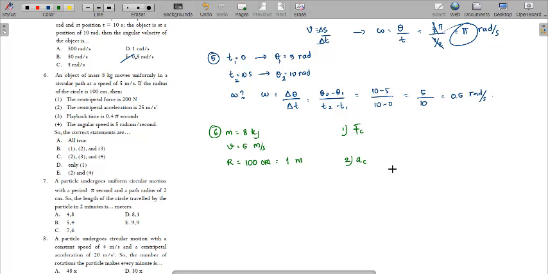Centripetal force is a force that makes a body follow a curved path. So when an object moves in a circular path, there is something that keeps it moving toward the center. That is the centripetal force. Okay.